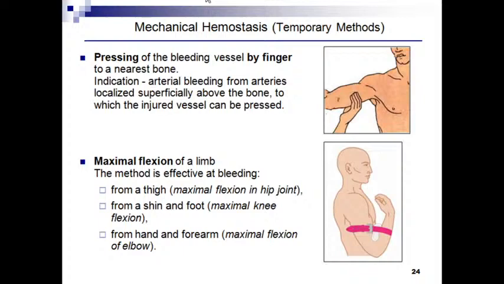Maximal flexion of limb. The method is effective for bleeding from the thigh. You can flex the hip joint. From a shin and foot, maximal knee flexion is effective. And from hand and forearm, maximal flexion of the elbow.